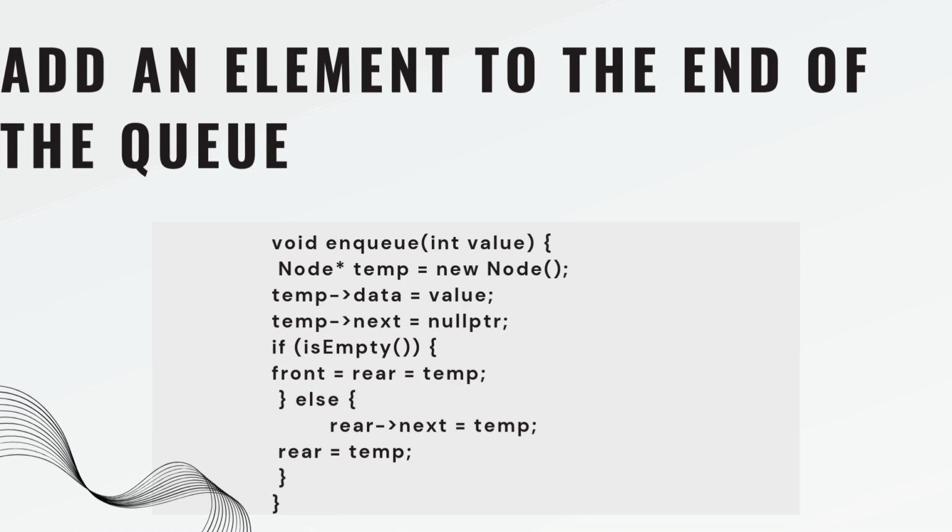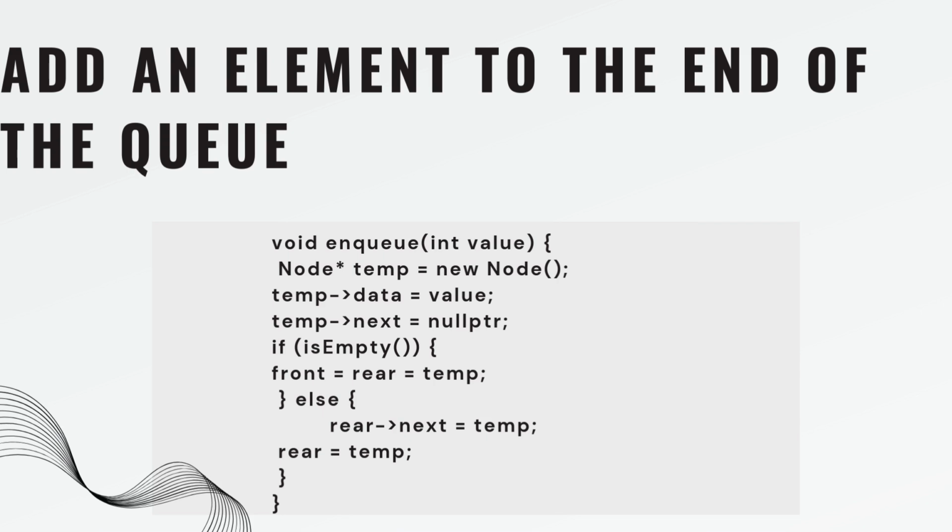To add an element, you have to use this code, as you see: void enqueue(int value) { Node* temp = new Node(); temp->data = value; temp->next = nullptr; if (isEmpty()) front = rear = temp; else rear->next = temp; rear = temp; } would be the code.